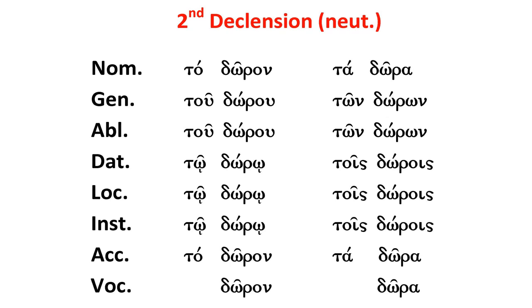You'll see the article ta instead of ho or hoi, for example, in the nominative case. Otherwise, they're exactly the same as the masculine forms for genitive through instrumental. So there's less memorization as long as you just spot some of the differences between the two sets.